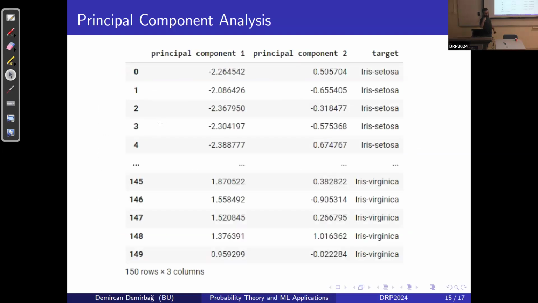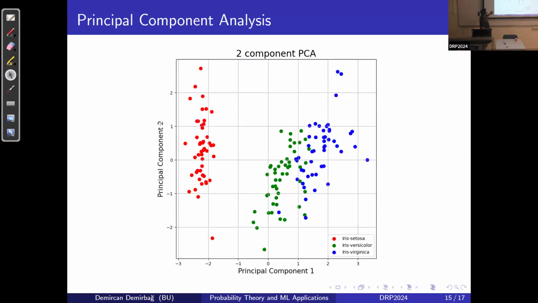After principal component analysis, I have a 2-dimensional space, 2 dimensions for each data point. If I plot them, I see that they are separated from each other quite well. So the dimension reduction is doing a good job.